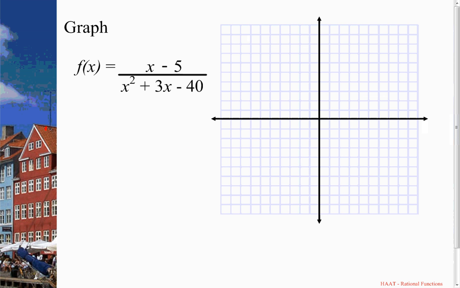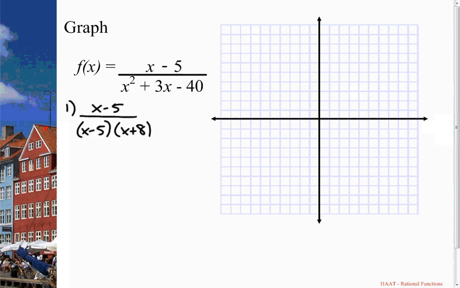All right. So remember, step 1, you're going to simplify this. What we're going to do first is go through and factor the bottom. The bottom is going to factor out to be x minus 5 and x plus 8. Now, here's the place where you start determining what's going to be a vertical asymptote and what's going to be removable.